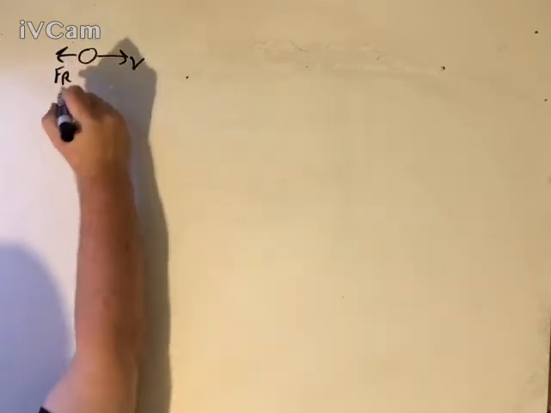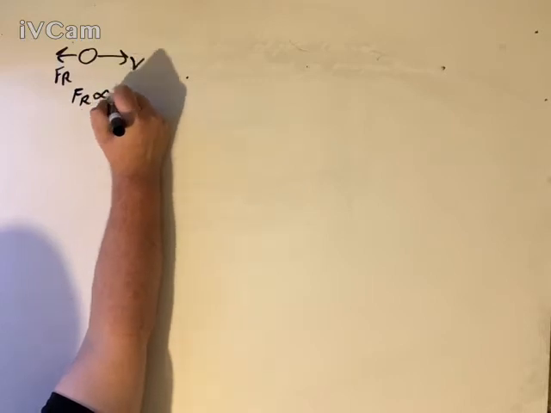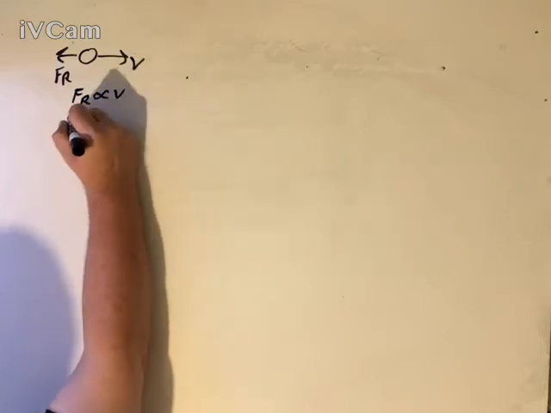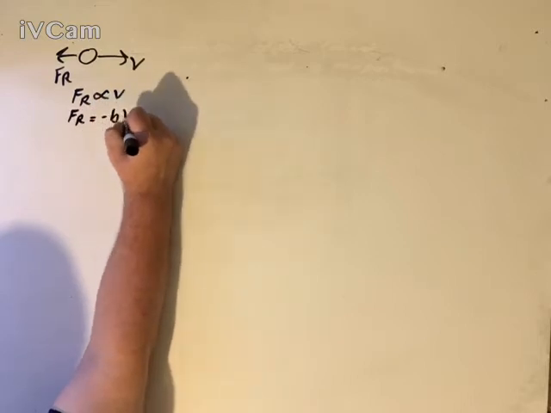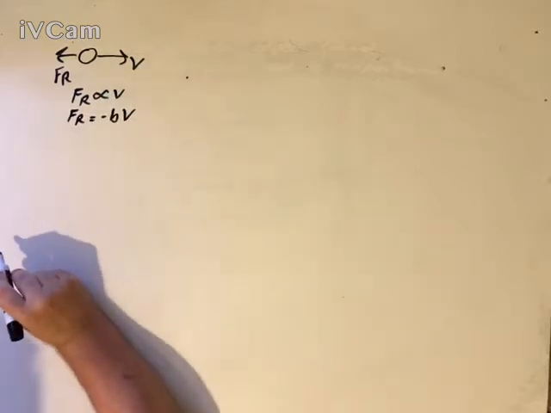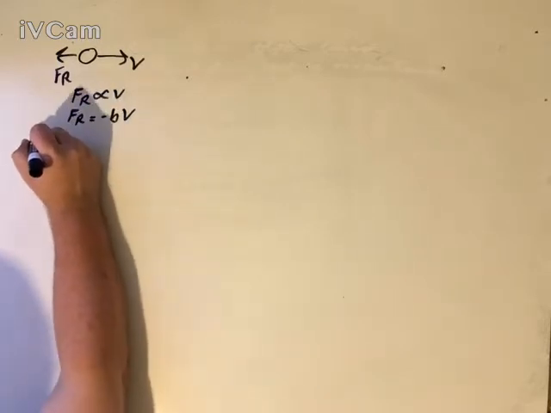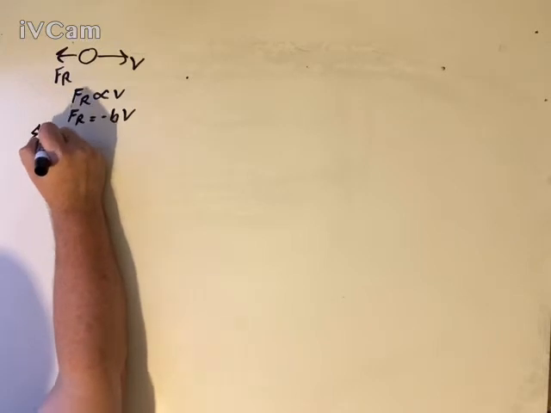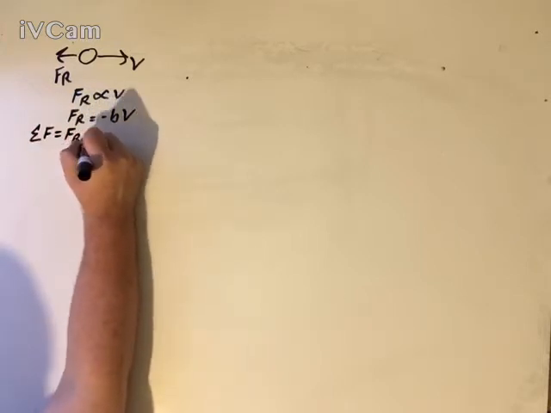Remind ourselves that we're dealing with a resistive force that is proportional to velocity, meaning that the resistive force is equal to negative B times v. And the way we can start solving this, we'll start with Newton's laws. We'll say that the sum of the forces on the object, in this case, is just that resistive force.